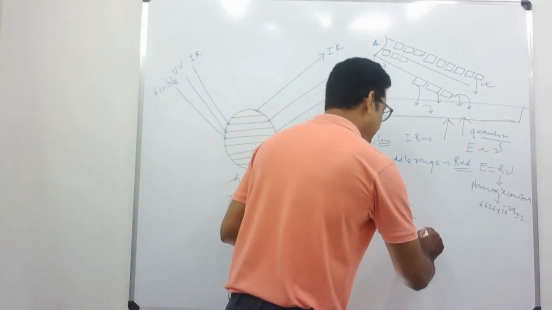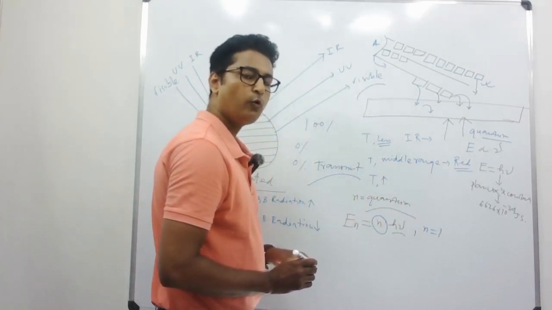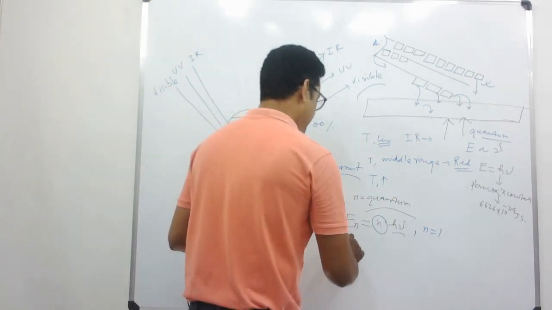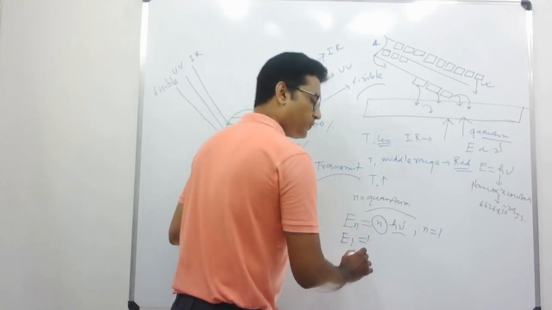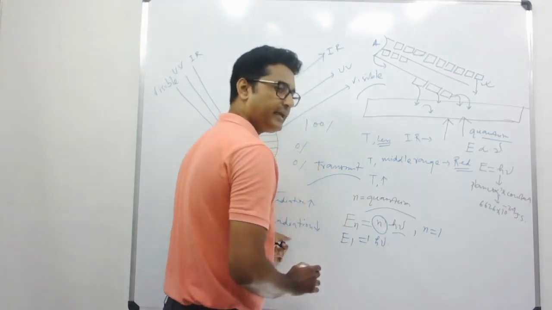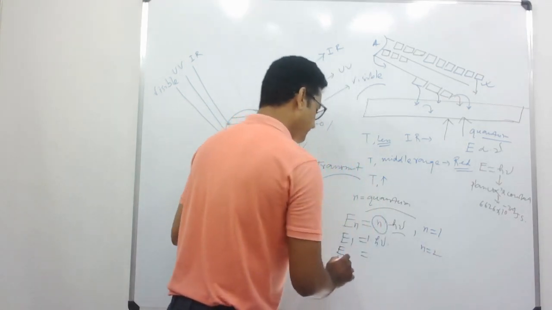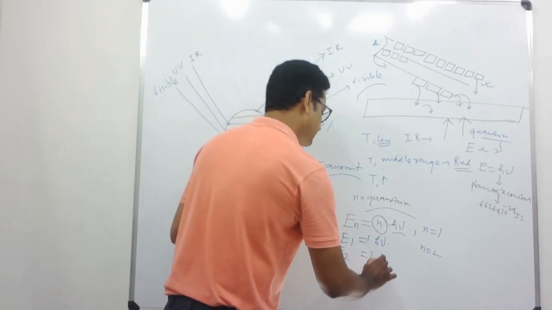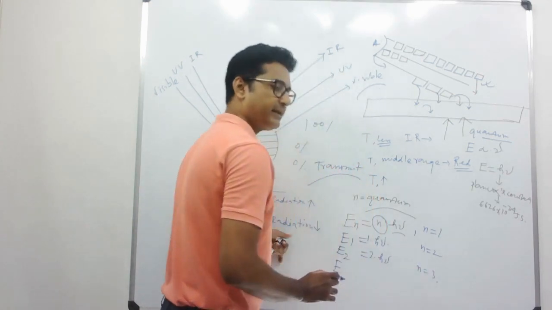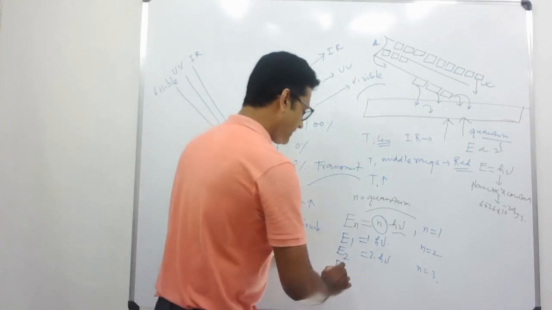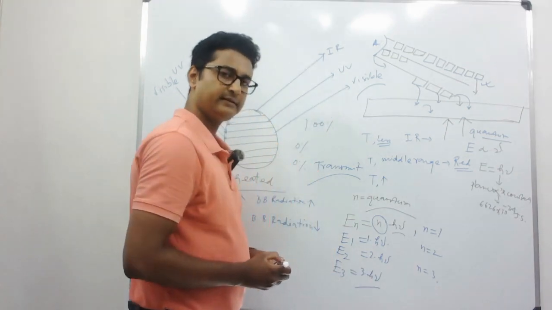So if n is equal to 1, that means the whole radiation has only one quantum, then the energy of that radiation is E1, that means 1 into h nu. If n is equal to 2, then E2 is equal to 2 into h nu. If n is equal to 3, that means the number of quanta is 3, then E3 is equal to 3 into h nu. Right?